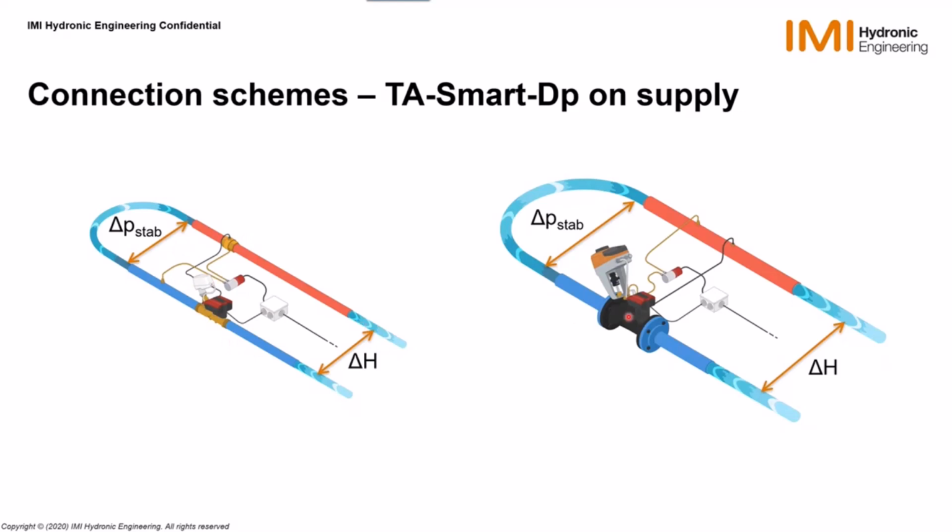And by the way, we get the same on the large valve, but on the large valve, one of the capillary pipes goes onto the valve and the other goes onto the pipe, similarly as we get here on the other side with the small TS-Smart. So these are the typical connection schemes that will enable the TS-Smart DP to operate.